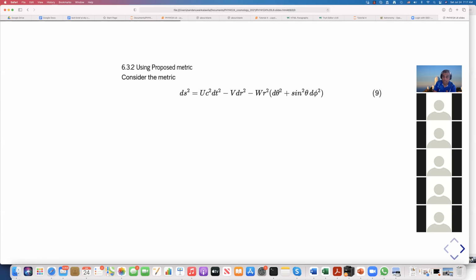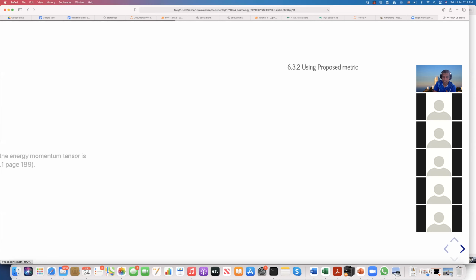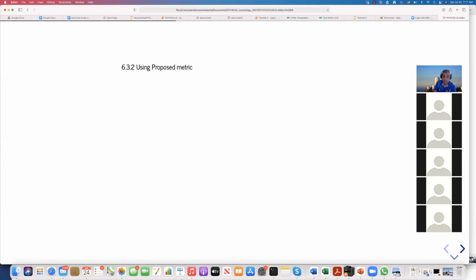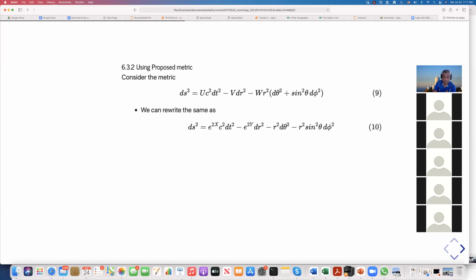Now we have the proposed metric right here. The things that I did up to here are the kind of things that will be useful to derive the Schwarzschild metric, and this is how we derived it. So we have this proposed metric, and from that you can write the same metric in this particular form, right?